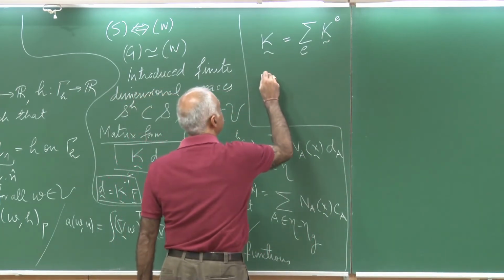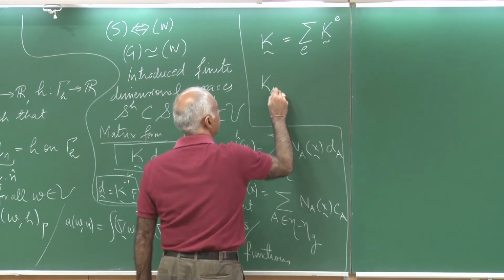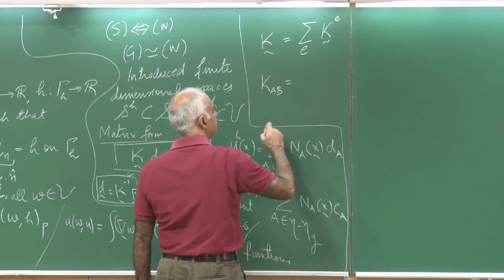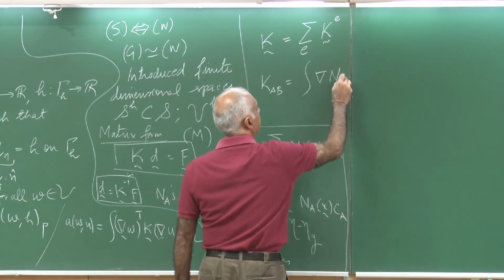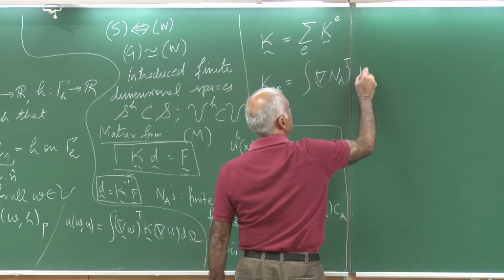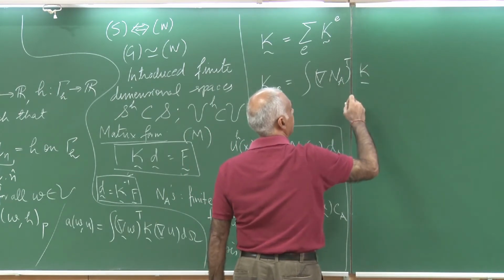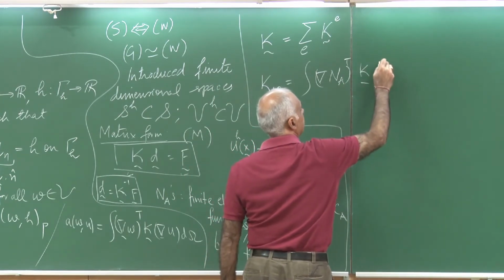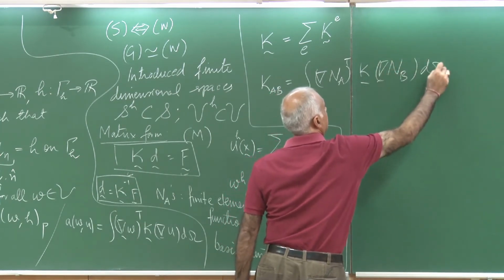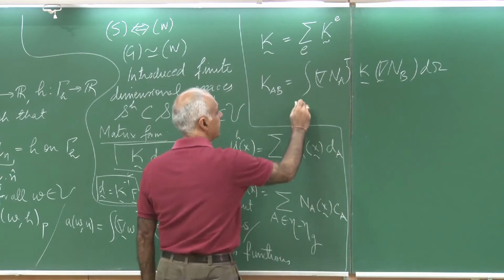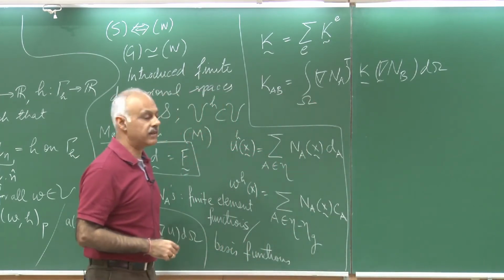And if you recall, Kab is actually given as integral of gradient of Na transpose K, which is the conductivity matrix, times gradient of Nb d omega, and the integral is over the domain omega.